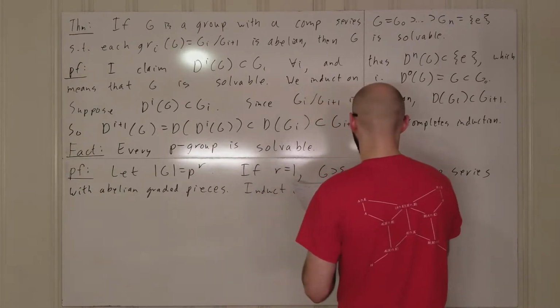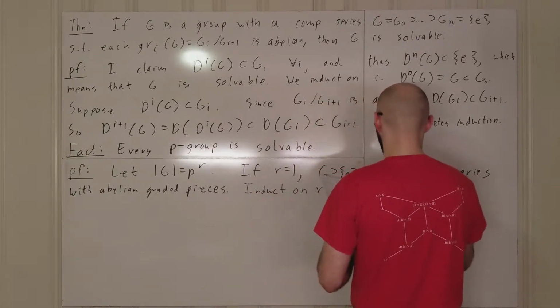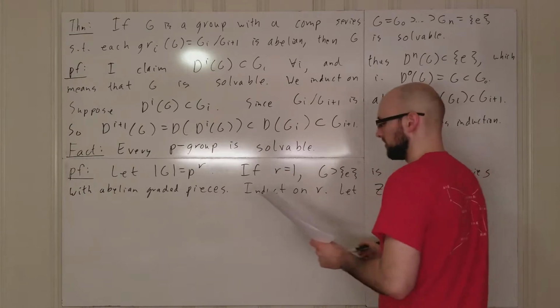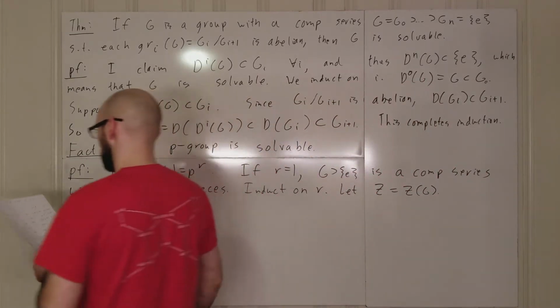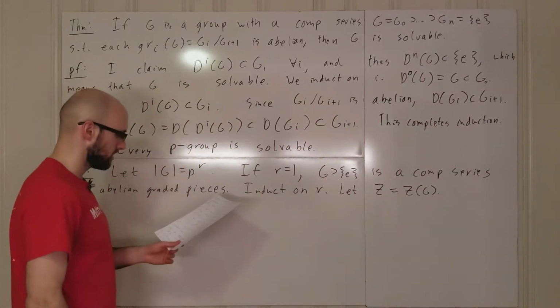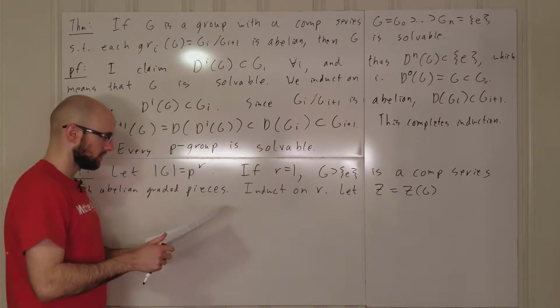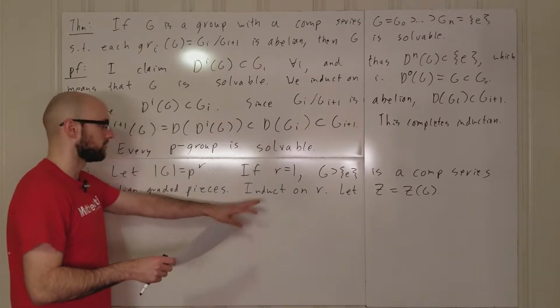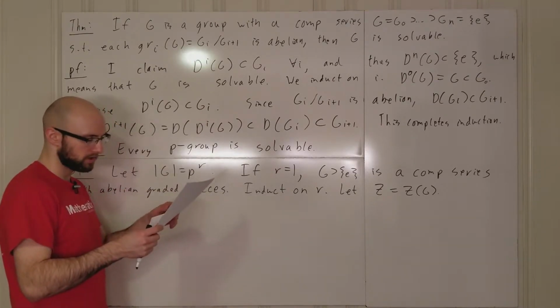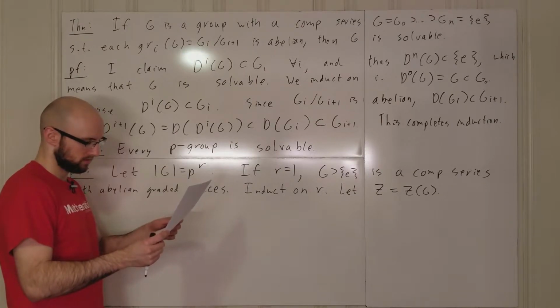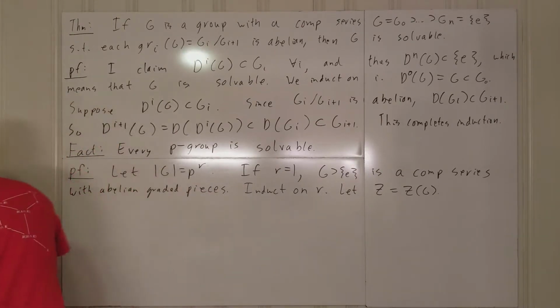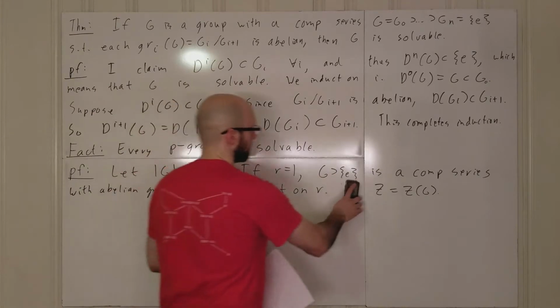So we're going to let Z be the center of G. So we're supposing that it holds up to r minus 1, I believe. Right.